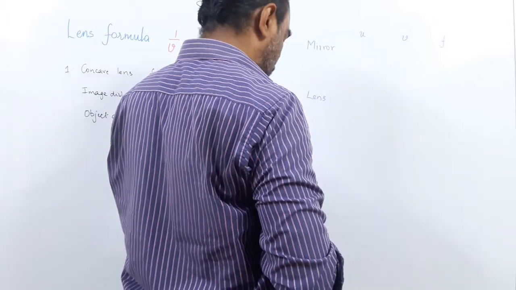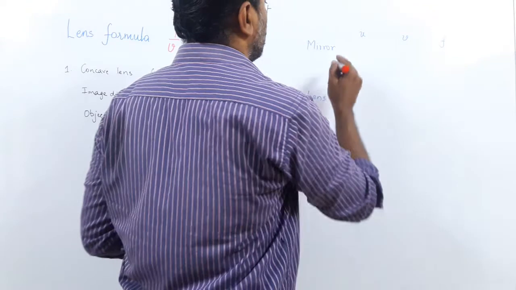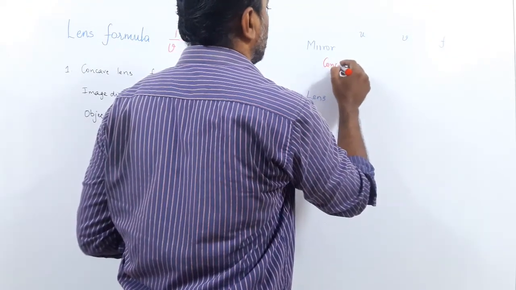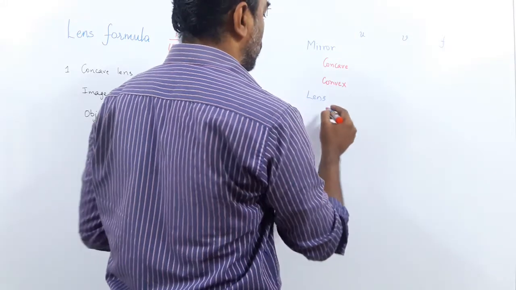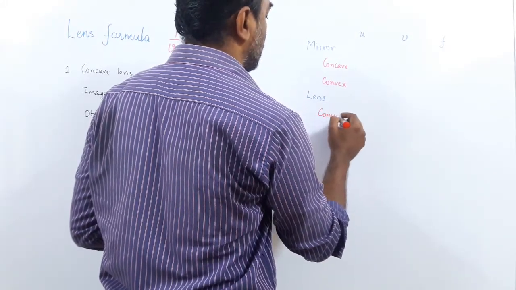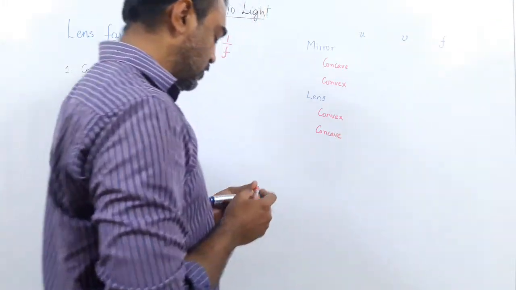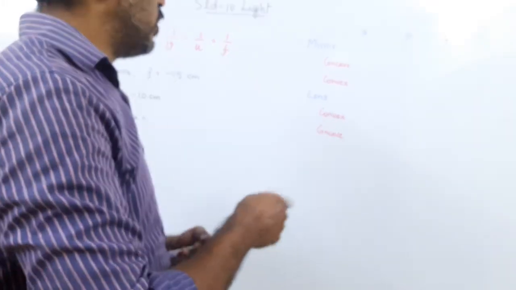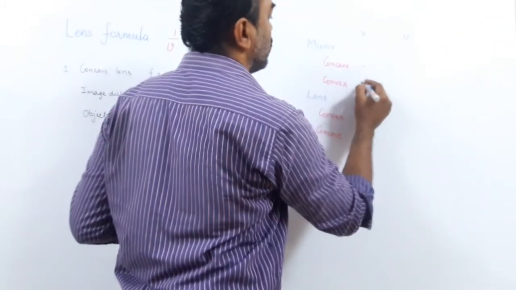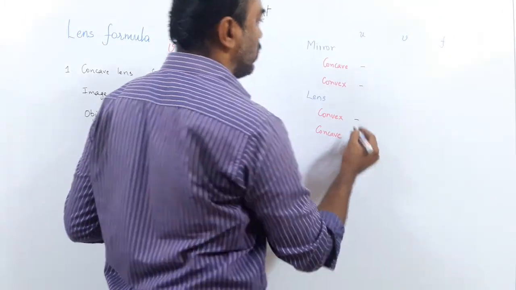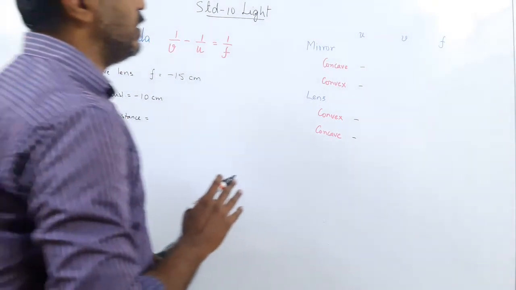Let us write down what we are talking about: the concave mirror and convex mirror, and the lens also, convex lens and concave lens. We are just trying to figure out how we write the signs. In the mirror, the object is always placed on the left side. So in all the four cases, the object is always placed on the left side, negative side.